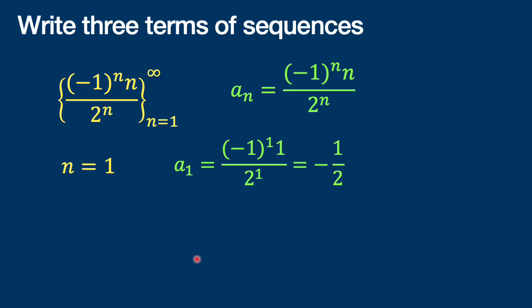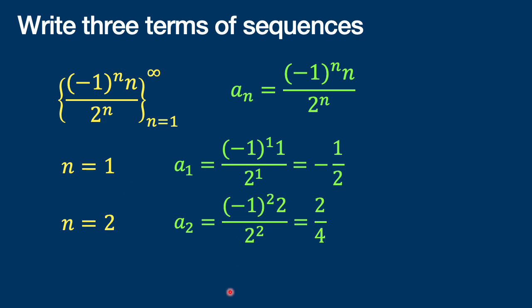Now let's go to n equals 2. You plug in 2 for n. That's a2, (-1) squared times 2 over 2 squared. 2 squared is 4. (-1) squared is 1, times 2 is 2. You can simplify, you don't have to.